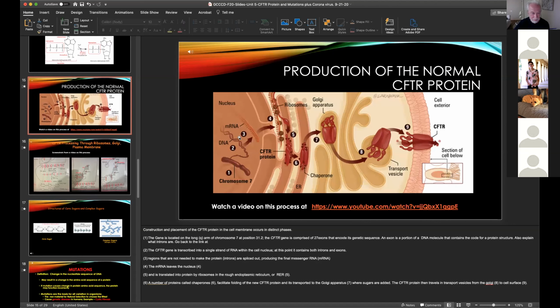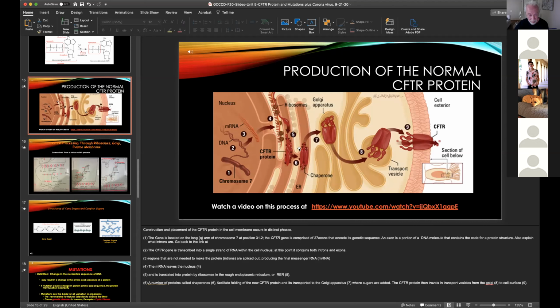Now this is a diagram of what the CFTR protein does in order to get from the gene in the nucleus to the plasma membrane on the outside of the cell. It's a very complicated process. The gene is transcribed, get a message. The message leaves the nucleus to the endoplasmic reticulum, where there are ribosomes.